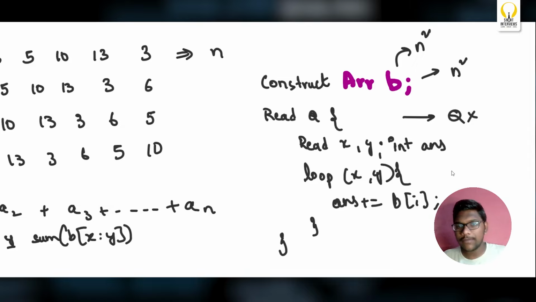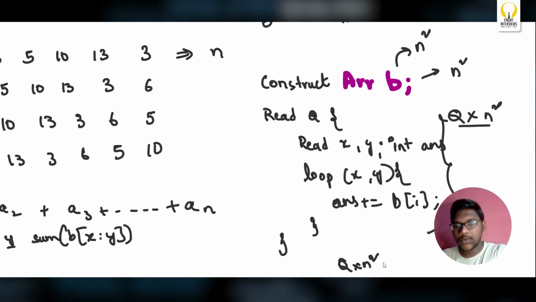Now you're again looping from x to y. At max, the value of x can be 0 and the value of y can be n square. In that case, q into n square is the complexity for this part. Now the overall time and space complexity would be q into n square plus n square comma n square.